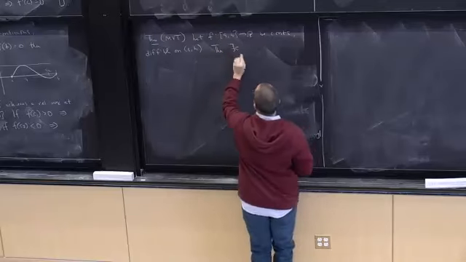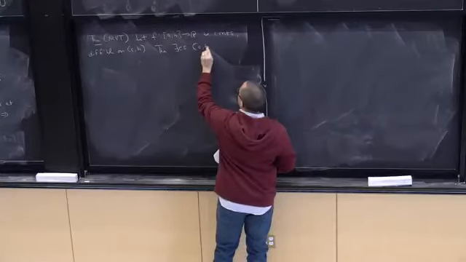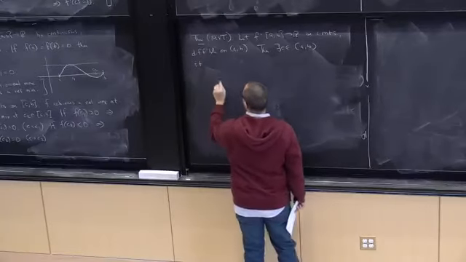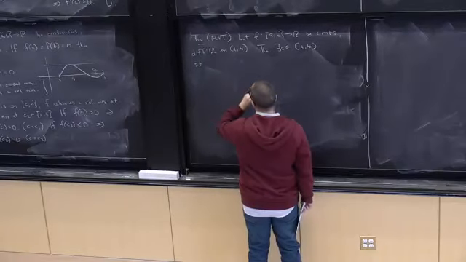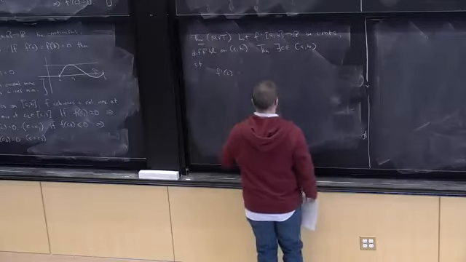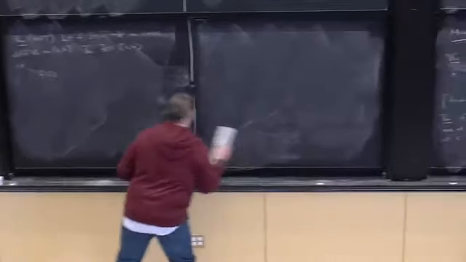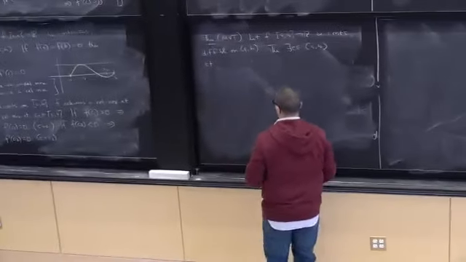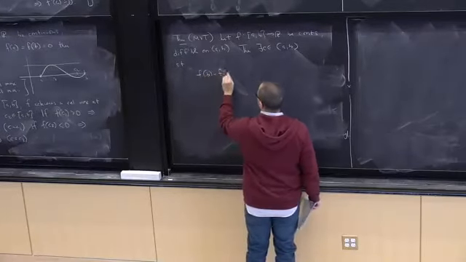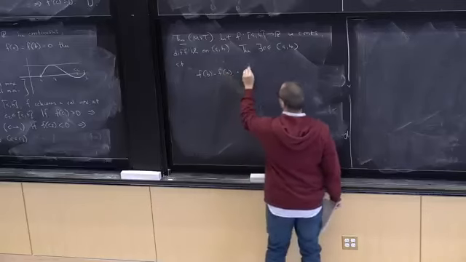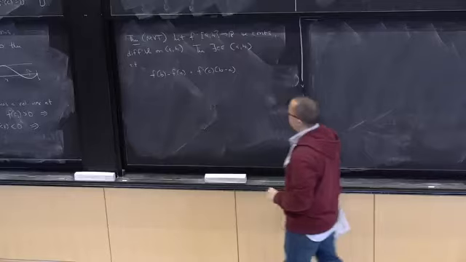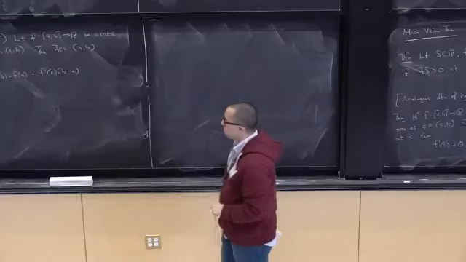Then there exists a c in the open interval (a,b) such that f prime of c equals (f(b) minus f(a)) over (b minus a). Okay?